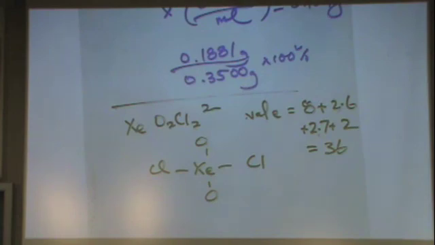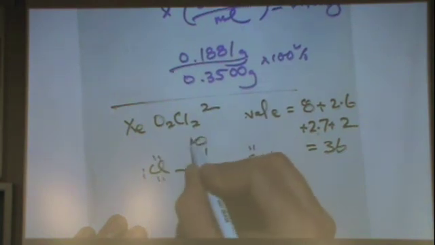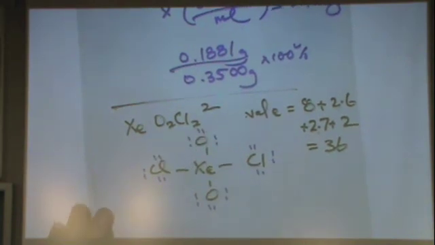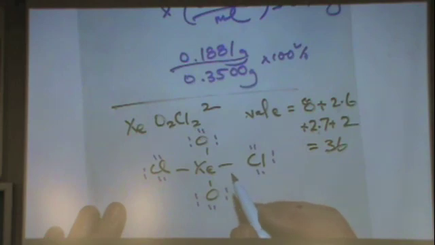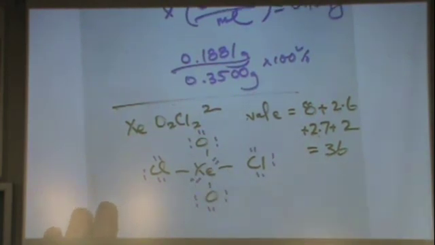So let's continue now. 8, 10, 12, 14, 16, 18, 20, 22, 24, 26, 28, 30, 32. That's 32 of 36, giving octets to everything on the outside. I know xenon can break an octet, so I'm going to put the final 4 in the middle. What does not have a 0 formal charge? The oxygens have a formal charge of -1. Is that okay?